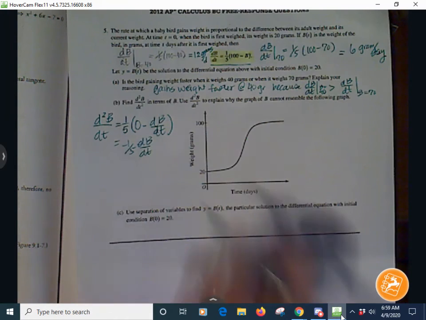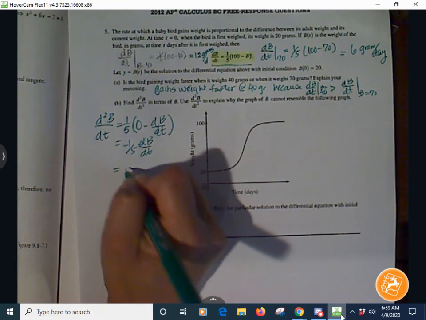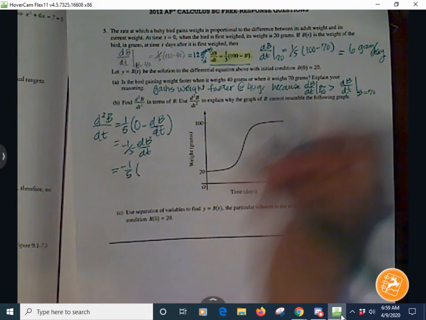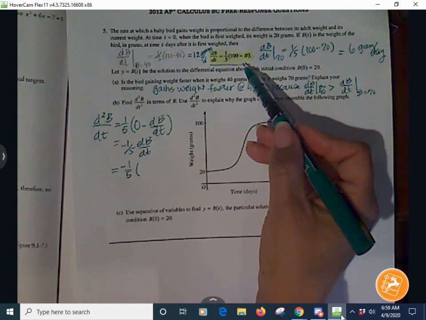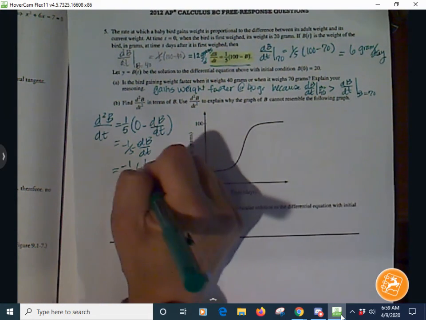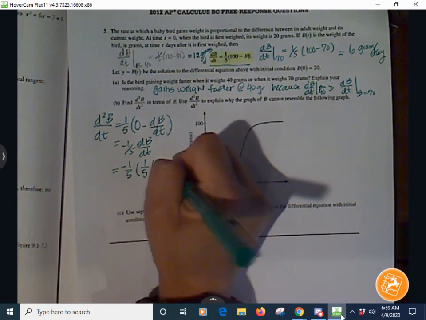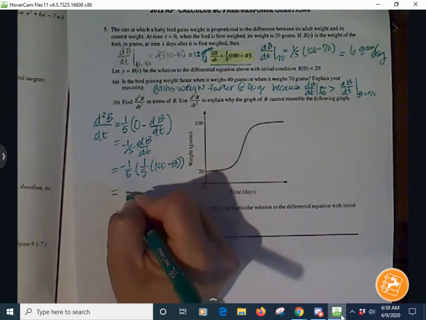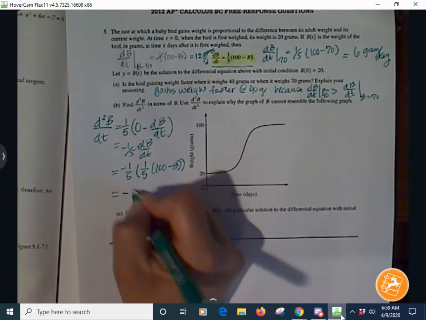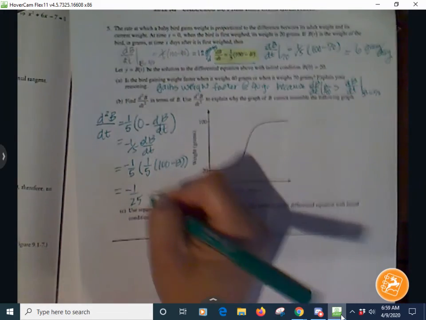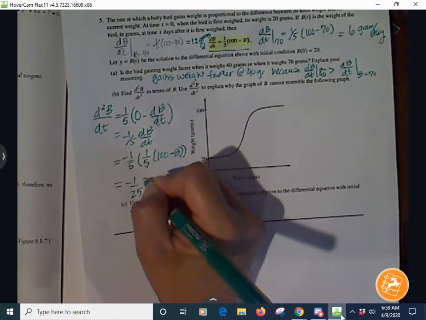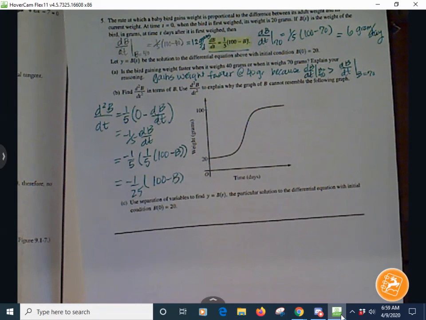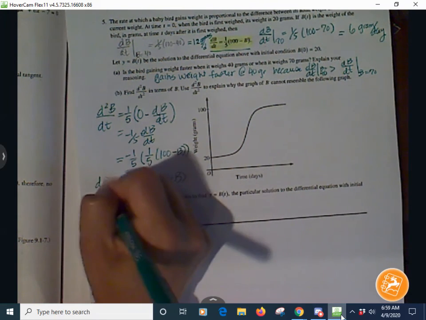So we need to substitute that in. So negative 1/5, and then dB/dt is 1/5 times (100 minus B). And so when I simplify that further, that's going to be negative 1/25 times (100 minus B), like so. And that would be your second derivative in terms of B.